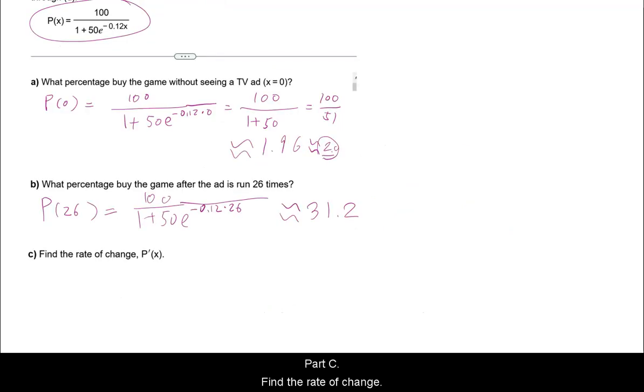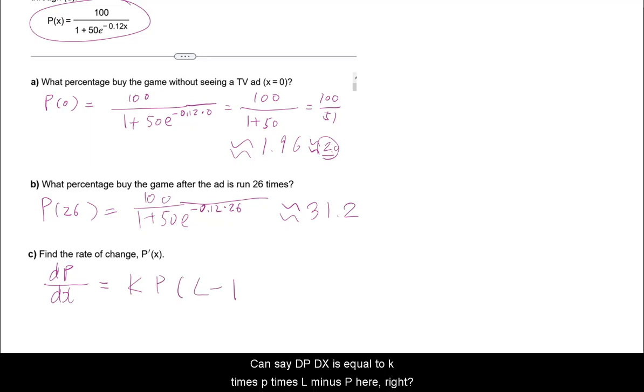Okay, part C, find the rate of change, the derivative of p of x. Here I would just take the derivative, but of course you can use the formula given to us. You can say dp/dx is equal to k times p times (L minus p).